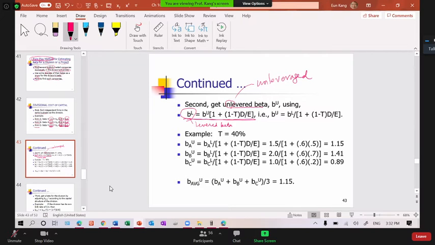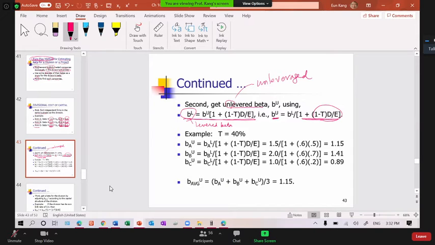So unlevered beta BU times 1 plus (1 minus T) times D over E will be BL. To get BU from this equation, BU is BL divided by 1 plus (1 minus T) times D over E. Be careful, some people couldn't use this formula because you have to do the multiplication first, so 1 plus that, right?